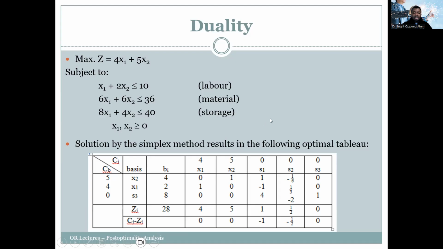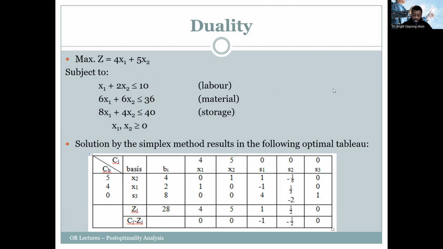But when we solve this particular problem, we arrive at this optimal tableau, or this optimal solution, right? So Z is actually 28, and x2 we need to produce 4, x1 we need to produce 2, and there is a surplus space of 8.